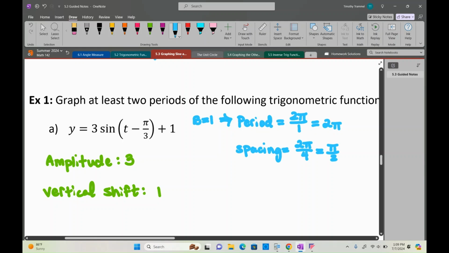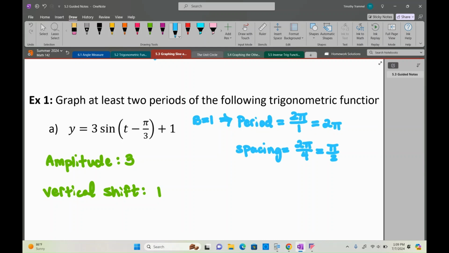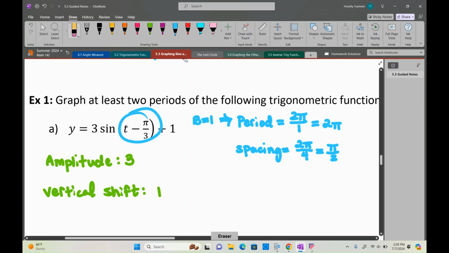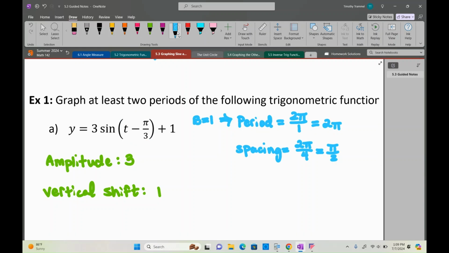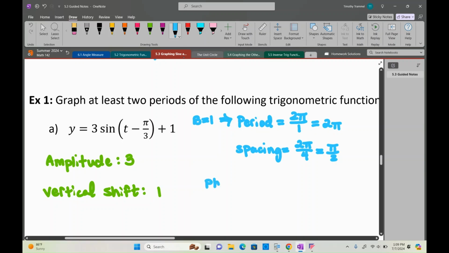But there is one more thing that's going to happen horizontally here. It looks like we have a horizontal shift. So let's go ahead and include that here as well. Our phase shift is what we're going to call it, but again, that's all it is, a horizontal shift. So your phase shift is just this C value here, pi over 3. And again, we can go up and look at that again.